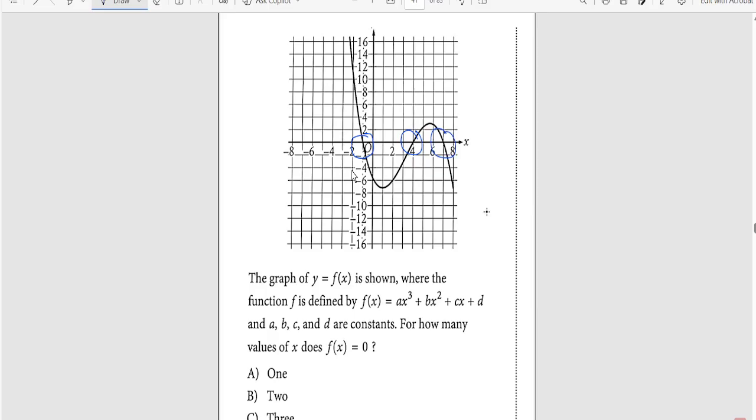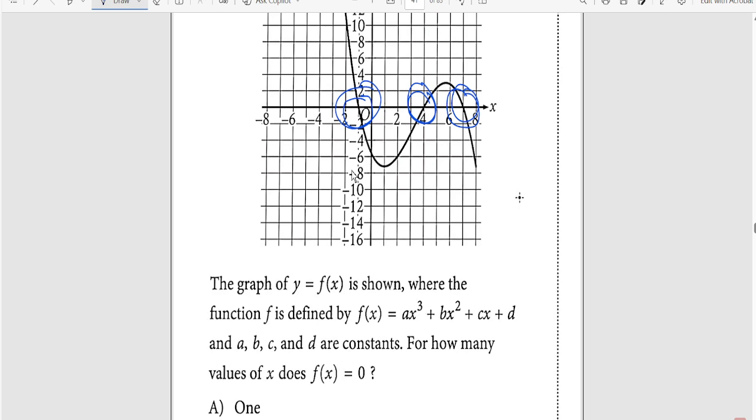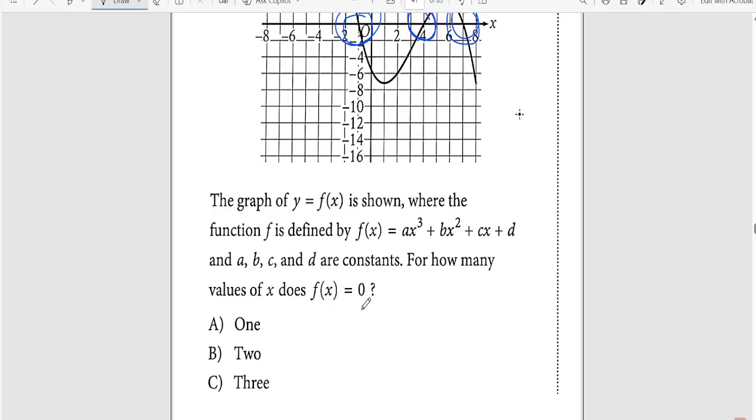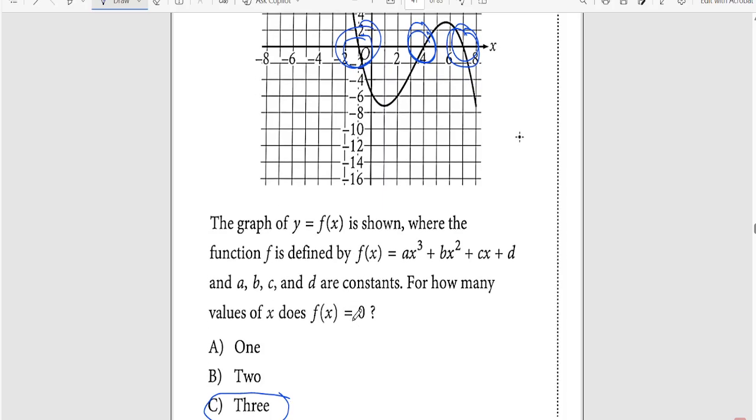At three places you can see it is intersecting the x-axis, here, here and here. So that means there are three values where f(x) is 0, right? So the third option is correct, 3. These points are also called zeros or roots.